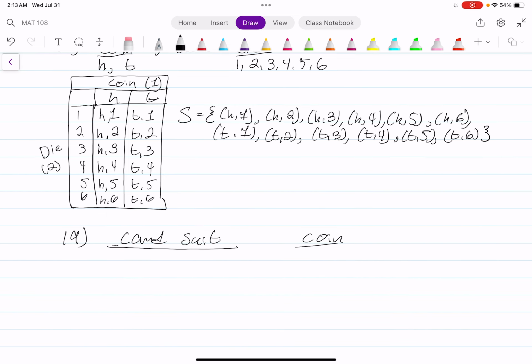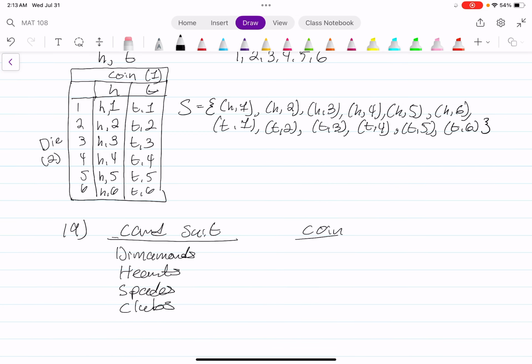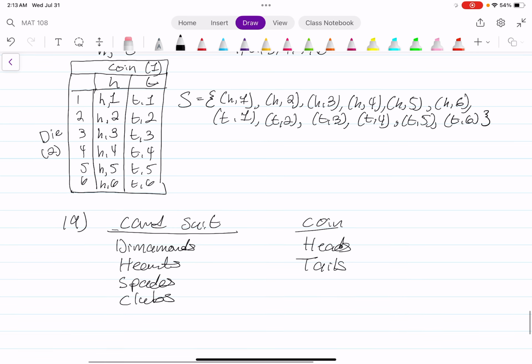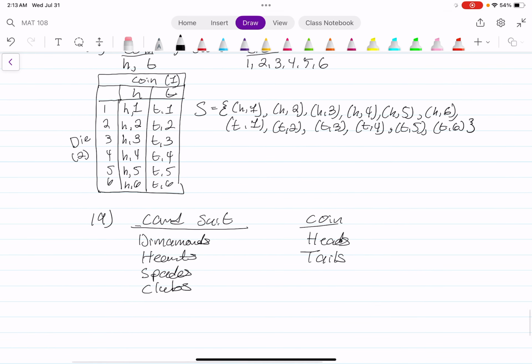Card suits are diamonds, hearts, spades, and clubs. Once again, for our coin toss, that is heads and tails, where in this case, the card suit is being chosen first.